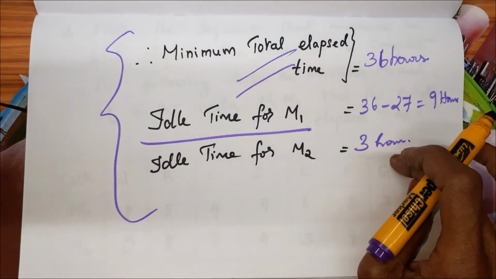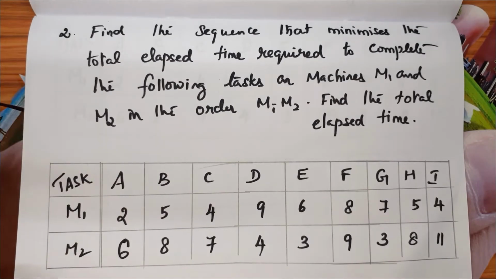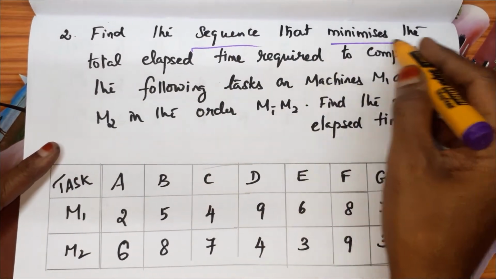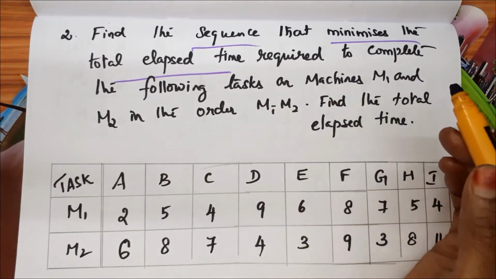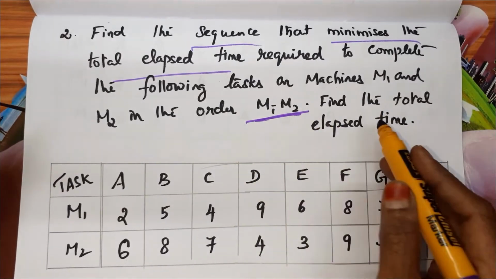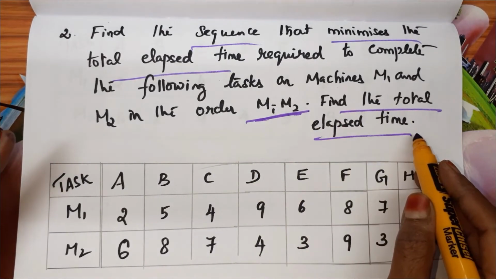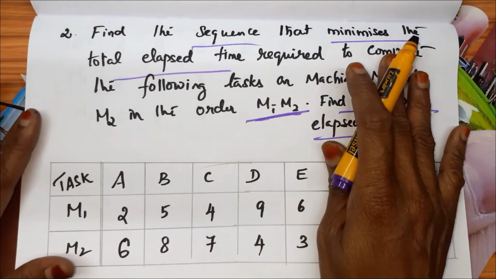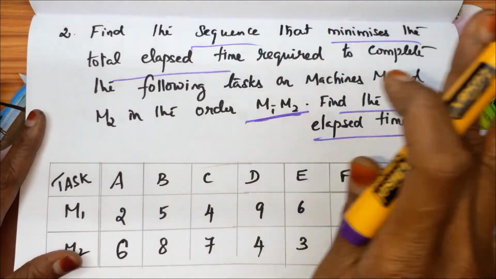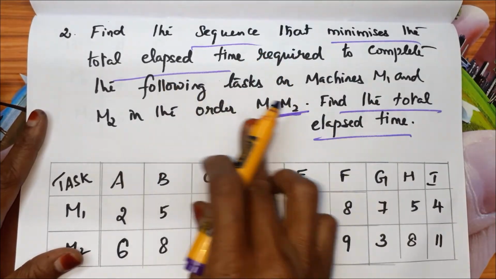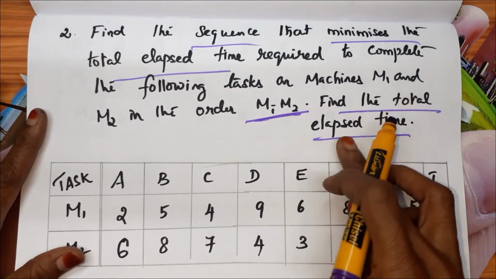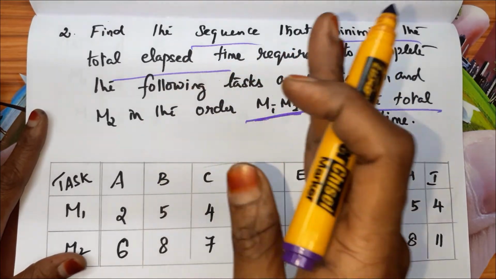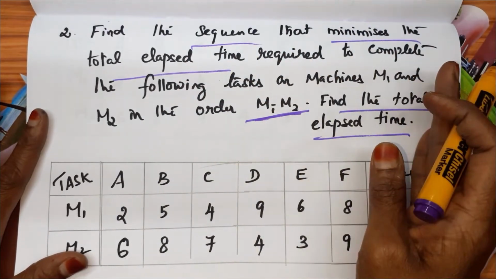Is it clear? This is the next problem. We can do it quickly because we saw one problem. We are going to find the sequence to minimize the total elapsed time, and this is the order given. Even though they are asking only for the total elapsed time, you have to find the ideal time for machine 1 and machine 2 as well.